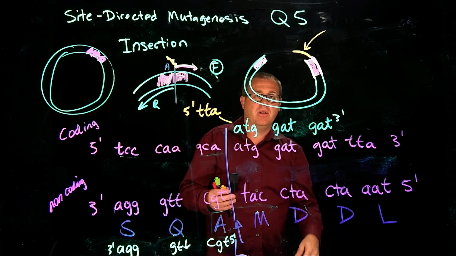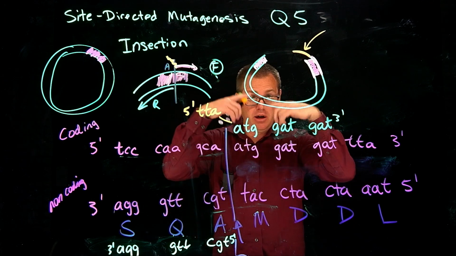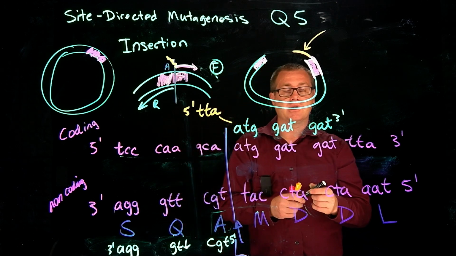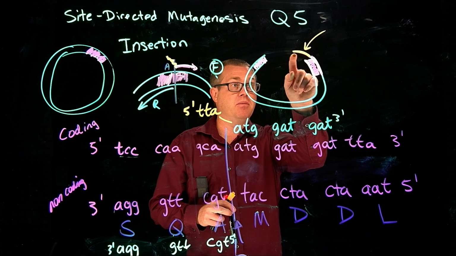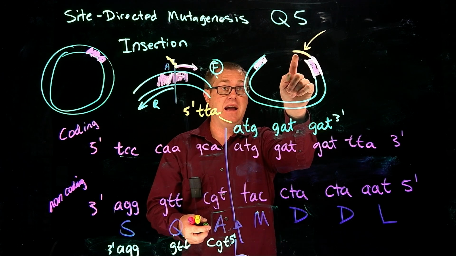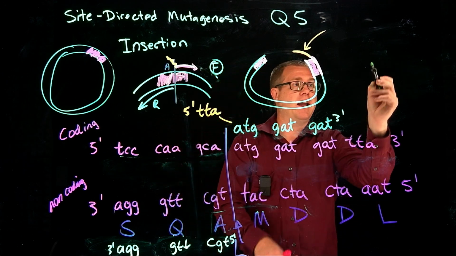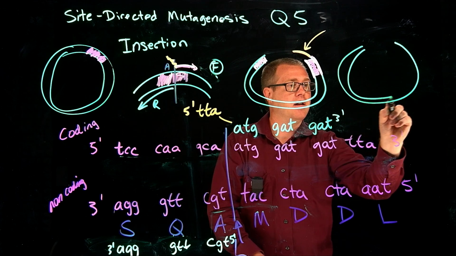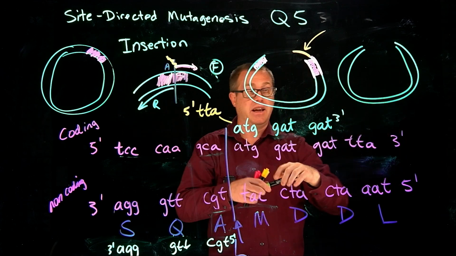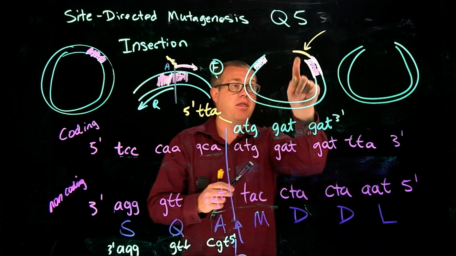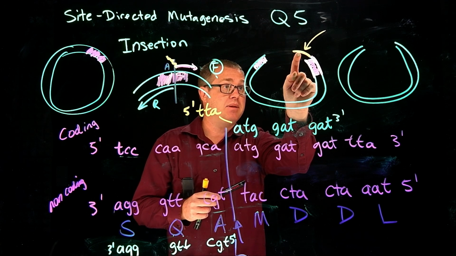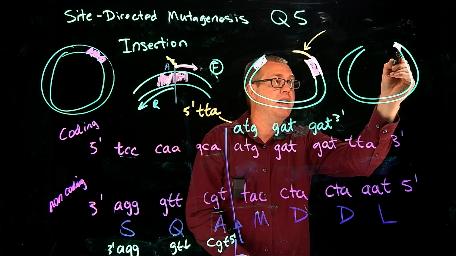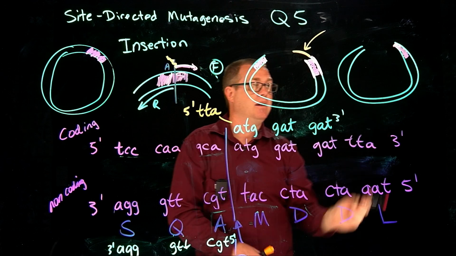And so then what we do when we do another round of PCR, what's going to happen is that is going to be part of the gene of interest now. And so you are going to be able to just have a linear form of DNA that now has incorporated this piece. So this piece plus what was originally there, I'm going to now represent just with that pink gene.